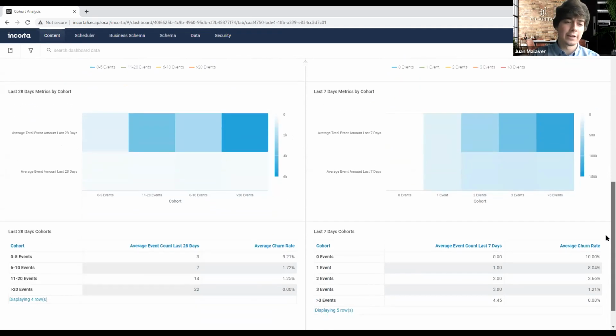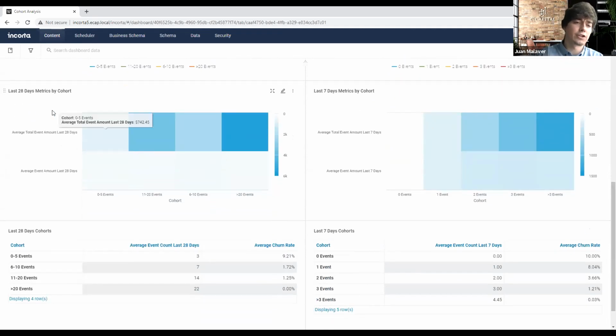And then lastly here, we can also look at some aggregations of behavioral metrics for each of the cohorts. For example, average event amount. Remember that events in this context means a transaction. So if we're looking at the past 28 days, throughout the entire period at different observation dates, what was the average transaction amount for each of these different cohorts?